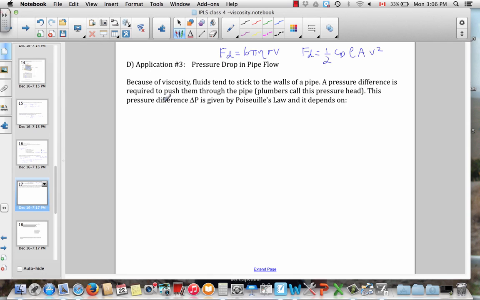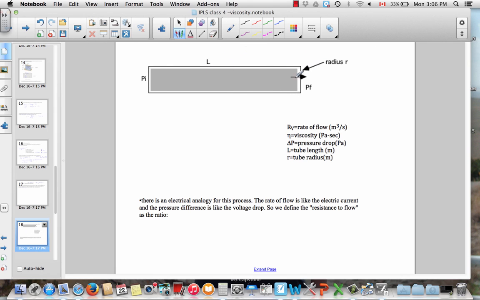And in physics, the symbol for that is a pressure difference. There needs to be a net pressure, and that net pressure is going to depend on a number of quantities. First of all, you can see that it makes sense that the pressure head should depend very directly on the length of the pipe.